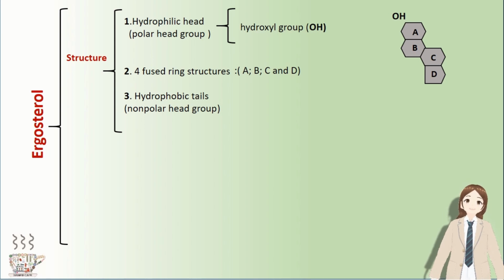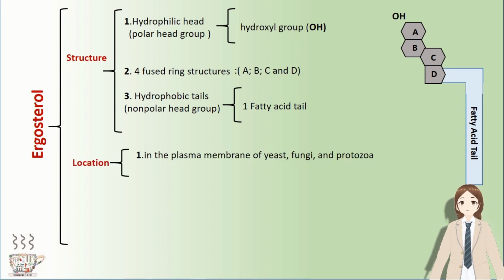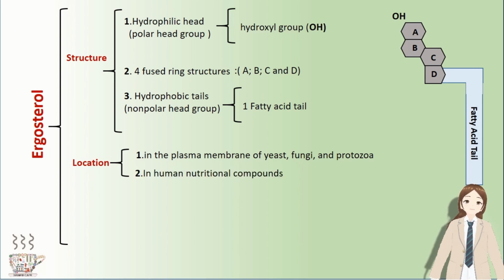Ring structures have A, B, C, and D fused ring, and nonpolar head group has one fatty acid tail. Location of ergosterol is in a plasma membrane of yeast, fungi, and protozoa, and in human nutritional compounds.